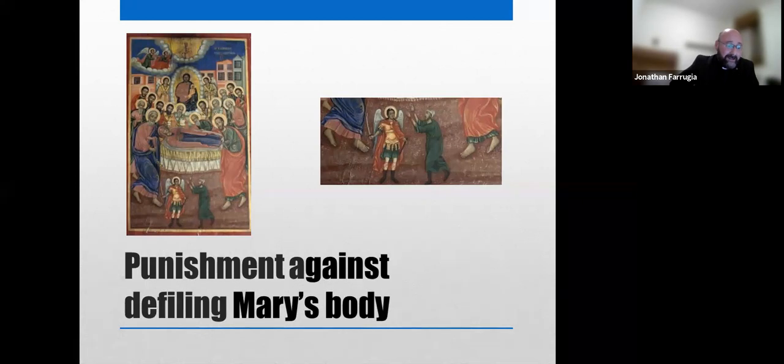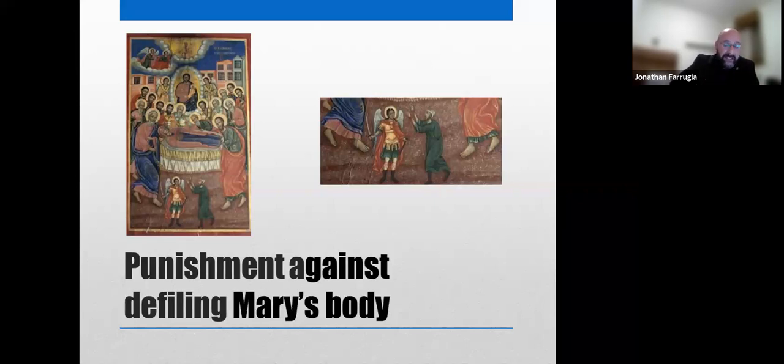Now, these texts coming from the 2nd and 3rd century, this comes from the Transitus Mariae, if I'm not mistaken, one of the books related to the Assumption of Mary, practically about the death of Mary. The original corpus comes from the 2nd, 3rd century. But the form in which we have the book nowadays comes from the 6th century, but it has very clearly ancient sources.